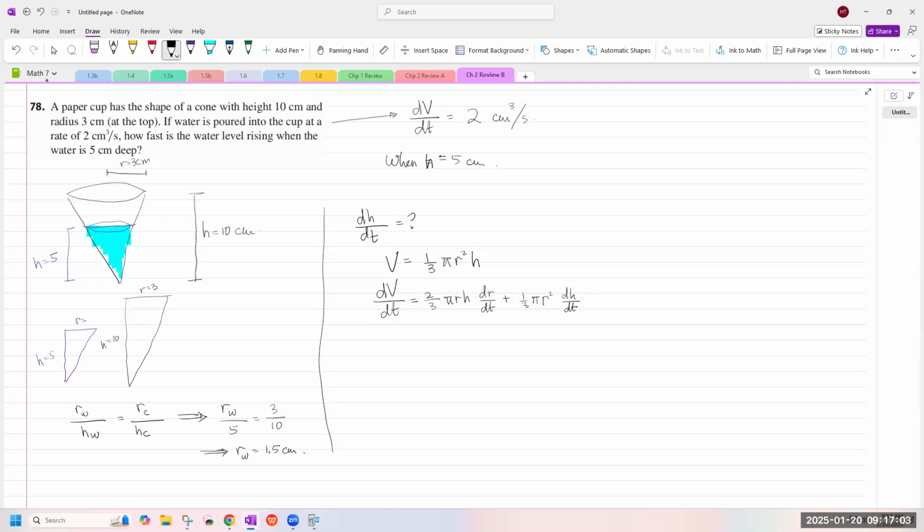Okay, we know this is 2. How fast is the radius increasing though? Do we know that? They don't tell us, huh?